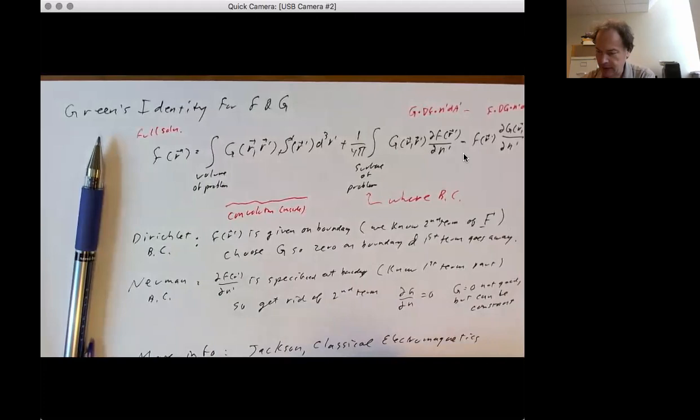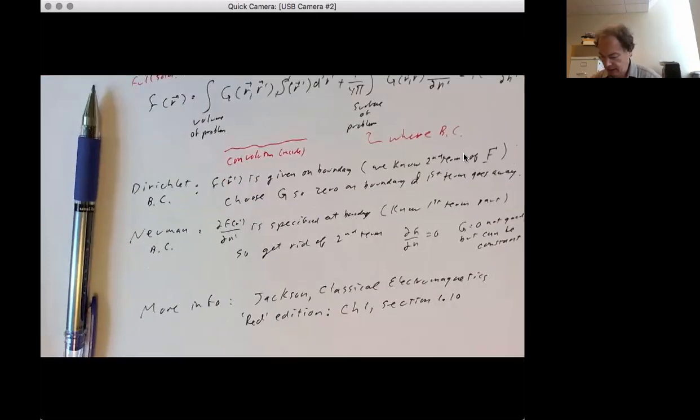The different colors are a green, a red, and a blue, depending on the age. In the red edition, it's in chapter 1, section 1.10. It's pretty close to that in the other editions.